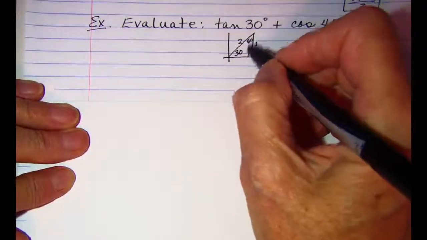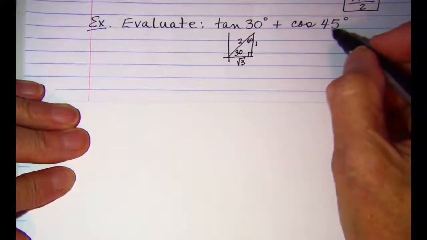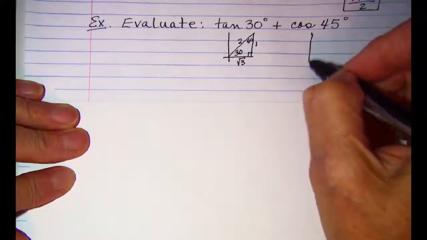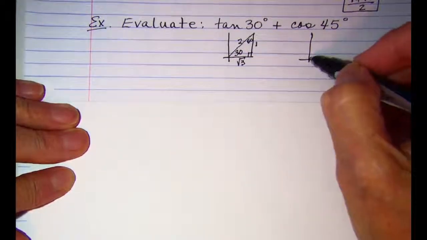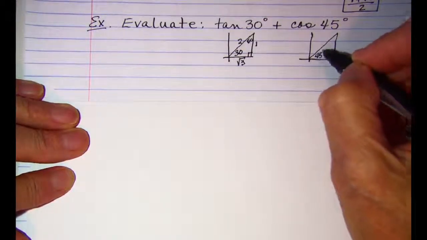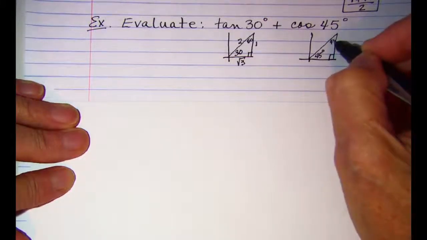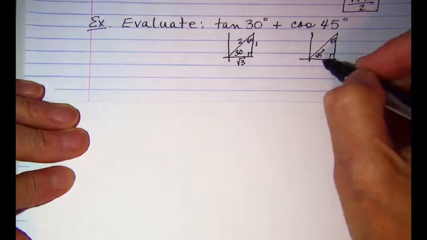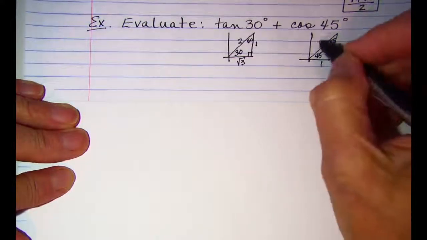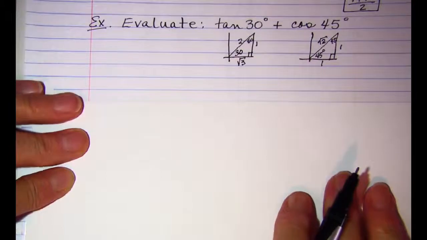The side opposite the 60 is square root of 3. For a 45, 45, we need an isosceles right triangle. So 45 degrees here. This is the right angle, 45 here. And we can do 1, 1, root 2 again on that figure.